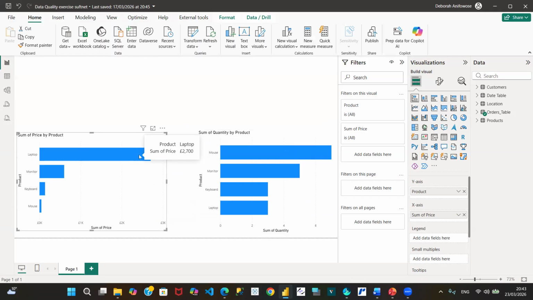If we had more data to tell us profit, then it starts to tell you, okay, fine, laptop 2,700, but with those 3 laptops, what you made was just 200 pounds as profit. Whereas for mouse, that looks like it's just a small price, what you made from it is actually more because you were able to sell more quantity.